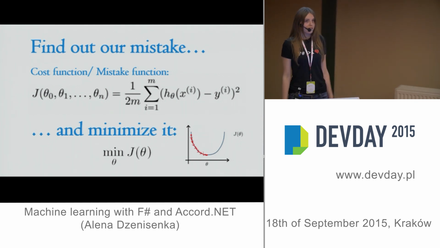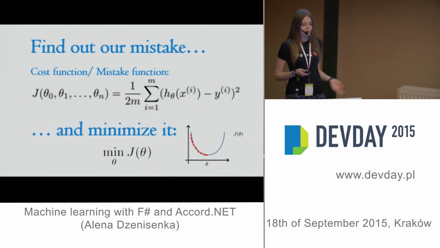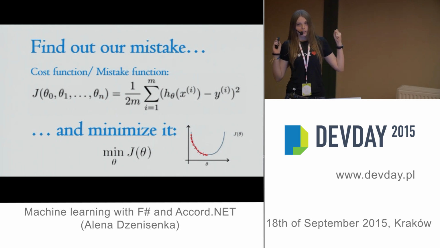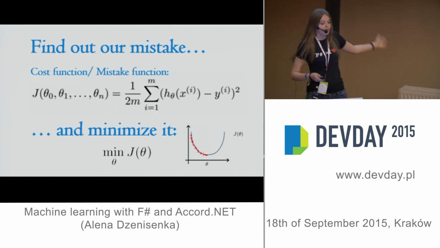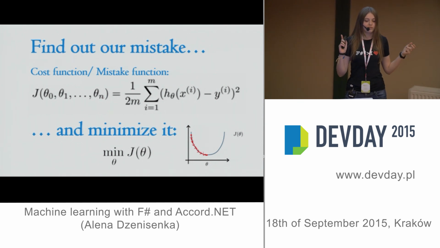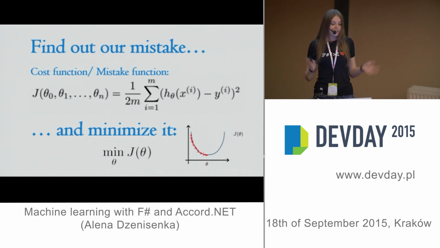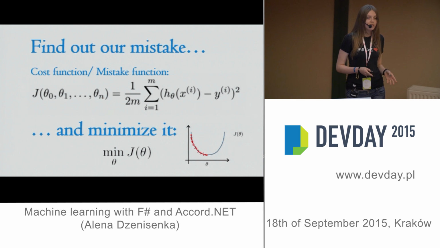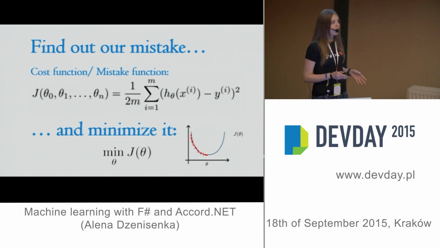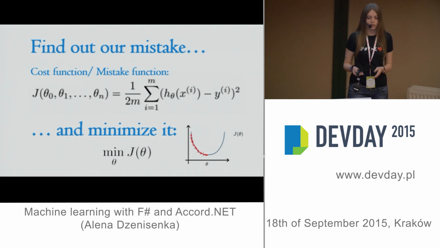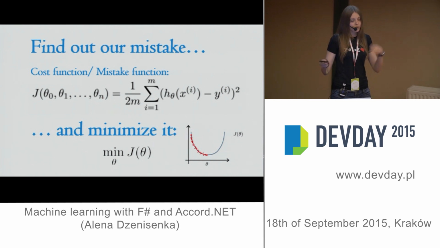Now we have our training data, we have our guess that we've made, and now the goal is to measure how wrong we are. What is our mistake? How can we do it? We can define the so-called cost function or mistake function. We can do it because we have training data, and for training data we have actual outputs. So we will just send our input parameters x's to our guess function, or hypothesis function, and compare the result produced by the guess function with the actual result.